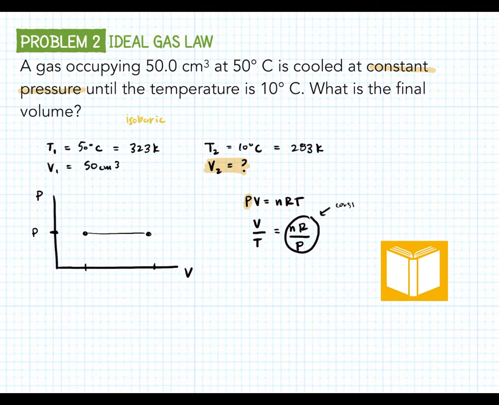This whole thing is a constant. So when we have V1 and T1, that's the same as V2 and T2, equal to the same constant, nR over P, because all of these things stay the same, right?